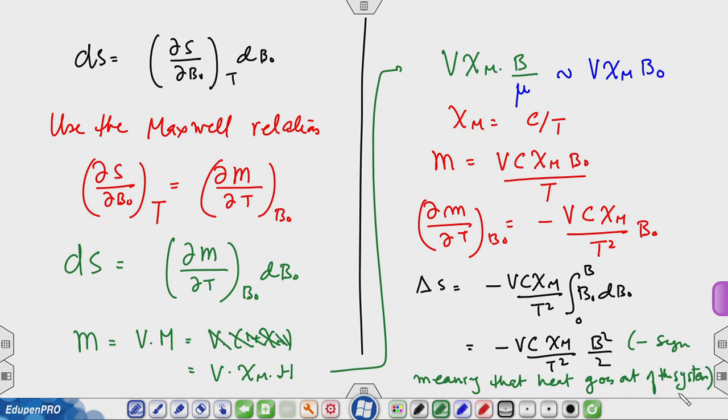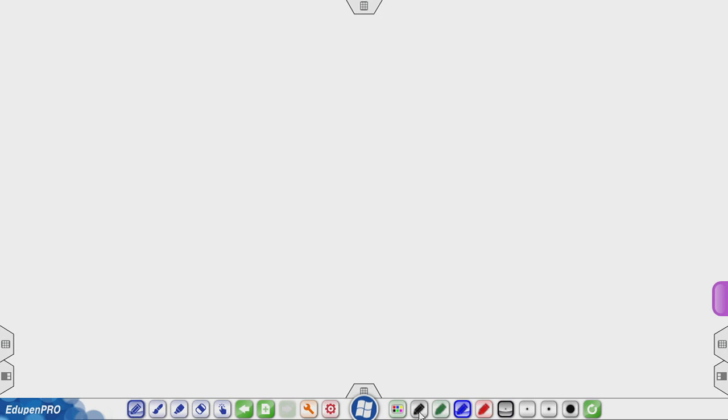There is a mu naught also somewhere, it should be here. So it's V C over mu naught T square, B square by 2, where B is the applied field. The negative sign means it's going out, that is the heat that is produced, and then it's taken away to keep the sample at constant temperature. So with this, I'll conclude this lecture.